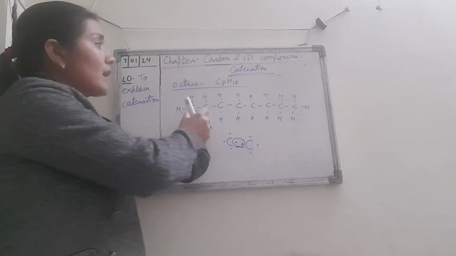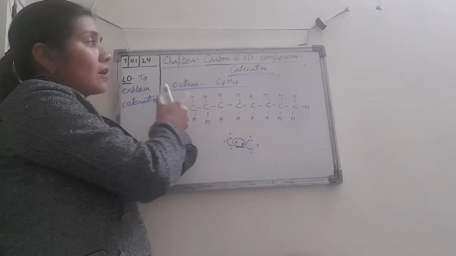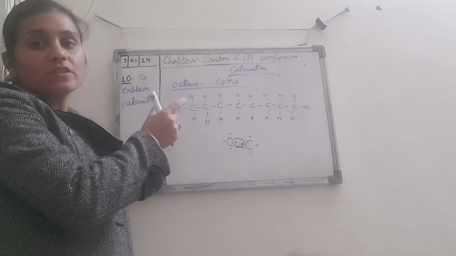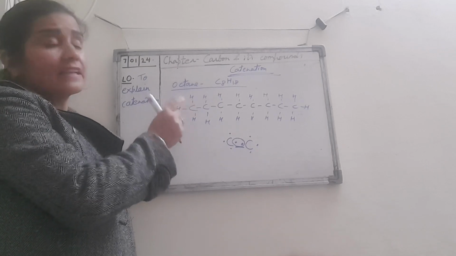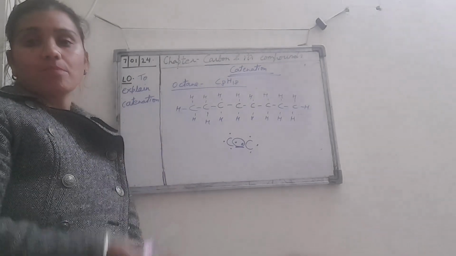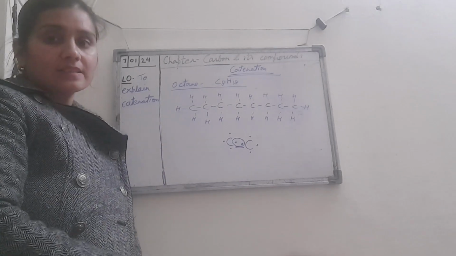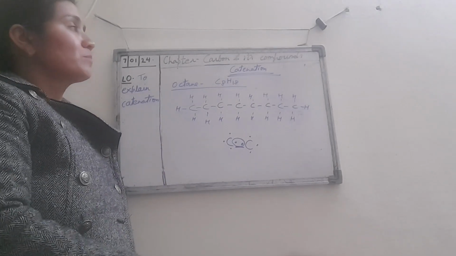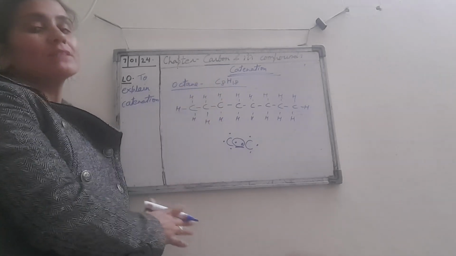That's why carbon shows the property of catenation to a large extent, and that's why we get a number of carbon compounds in our surroundings. And as I told you, we find carbon compounds everywhere.